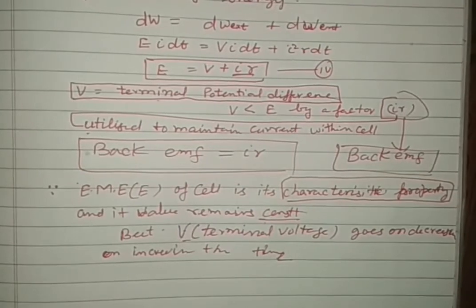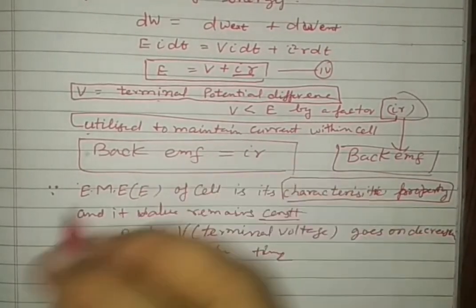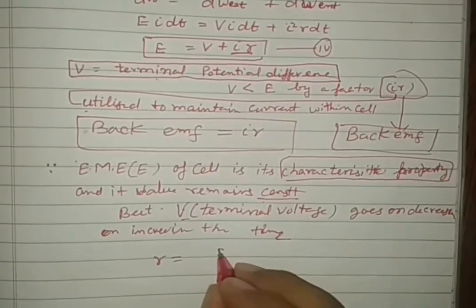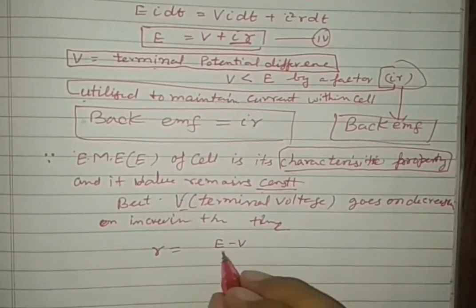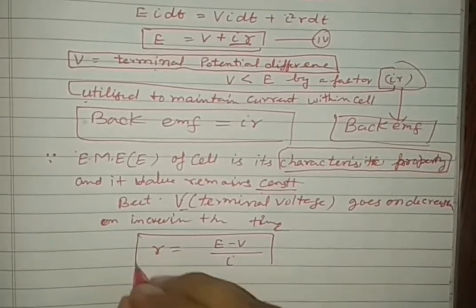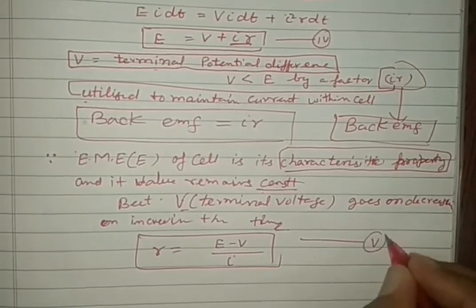So this relation for the internal resistance of the cell can be written as r equals E minus V by I, which we can also represent as equation 5.